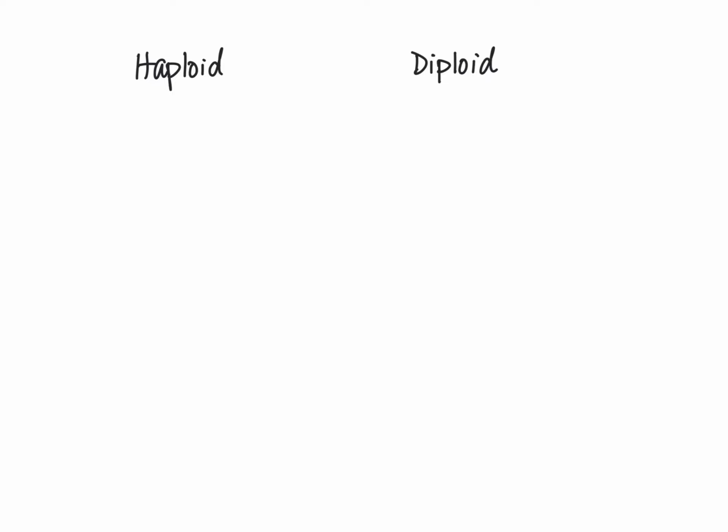Haploid we can abbreviate as 1N, whereas diploid is 2N. And the N in these abbreviations refers to the number of the sets of chromosomes.